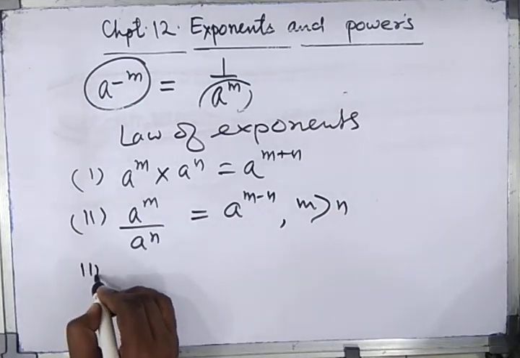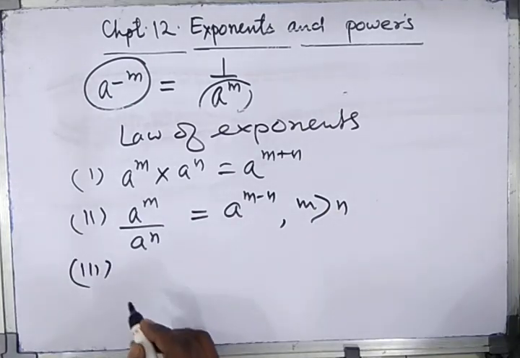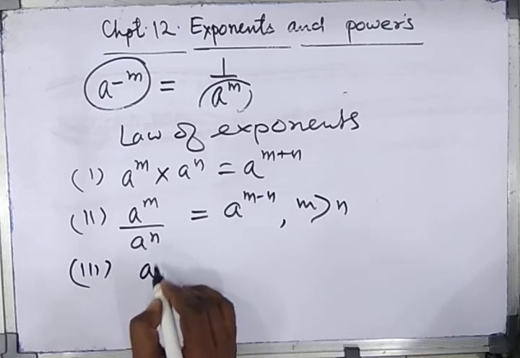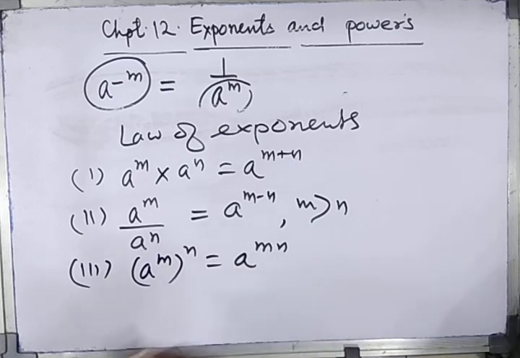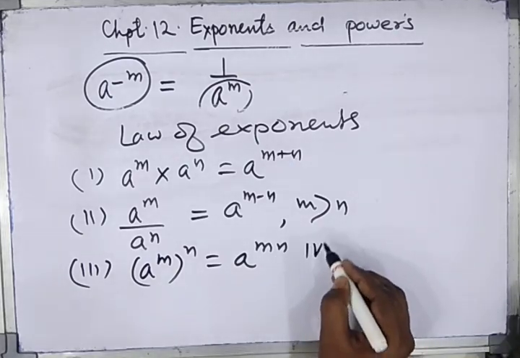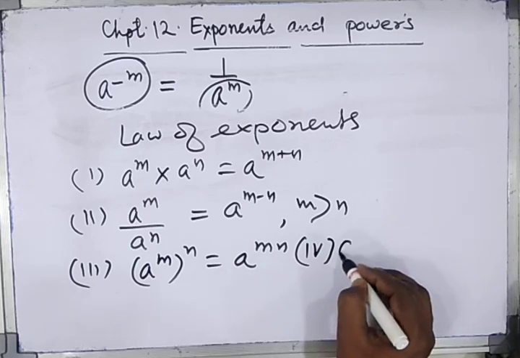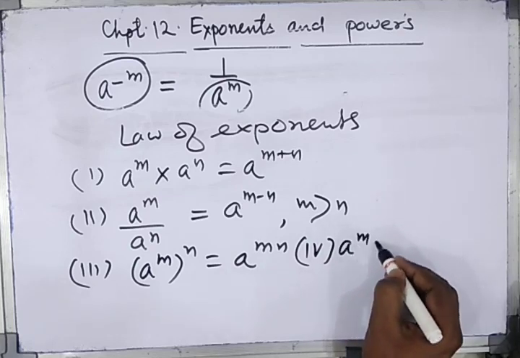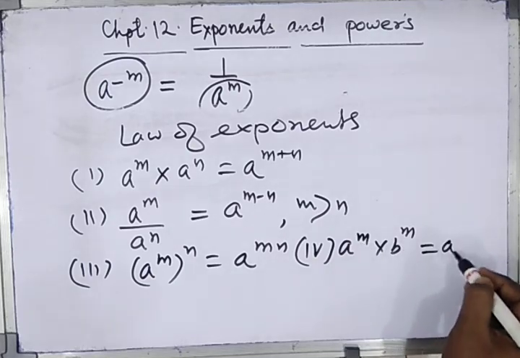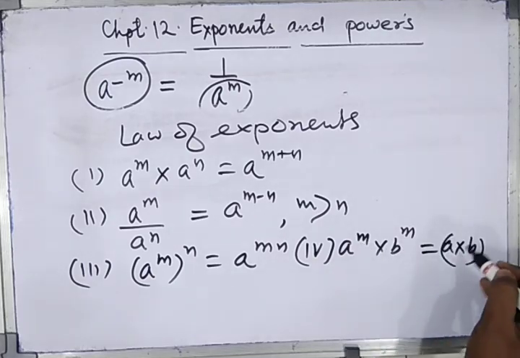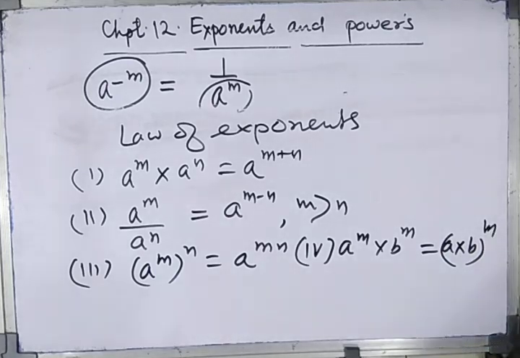And next, third one, a raised to m raised to n is equal to a raised to m into n. Next student, fourth one, a raised to m into b raised to m. Exponent is same, so multiply the numbers: a into b raised to m.